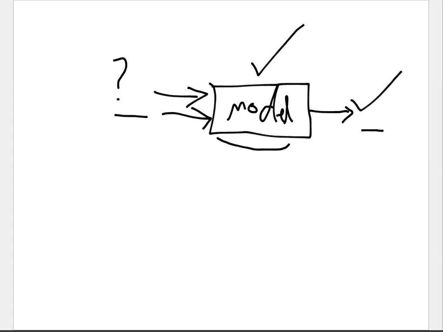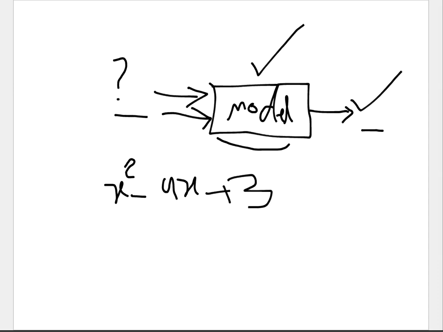EA is an optimization way, or it is an algorithm to solve or optimize a problem. For example, I want to find the root of this equation. For example, x powered by 2, minus 4x, plus 3.